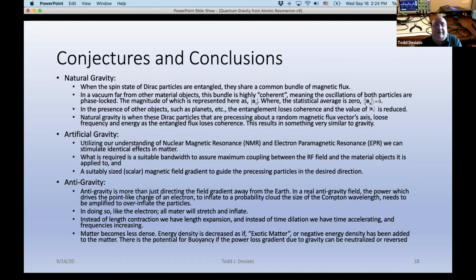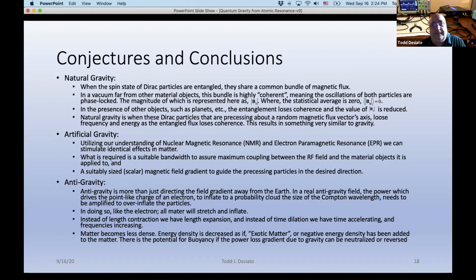And we represent that here as B naught, which is the initial flux. In the presence of other objects, such as planets, the entanglement loses coherence and the value of B naught is reduced. So it causes interference, destructive interference, damping that reduces that value, and the oscillation slows down.